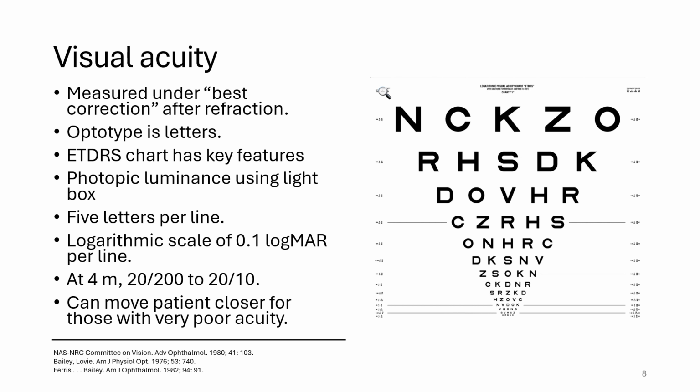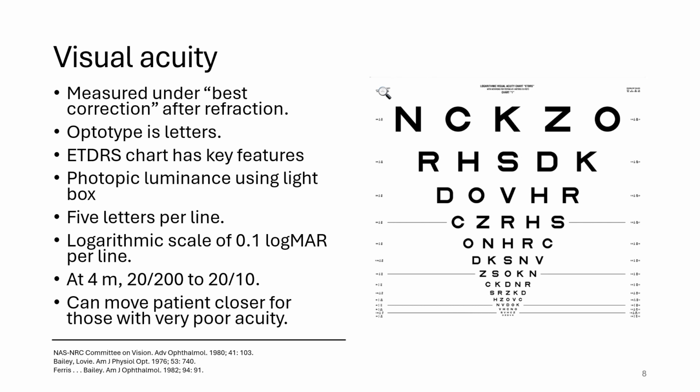ETDRS acuity, as it is called, is measured via a light box to standardize the illumination for a photopic or daytime light level. The chart uses an invariant number of letters per line, that is 5 letters per line. The scale is logarithmic at 0.1 logMAR per line.